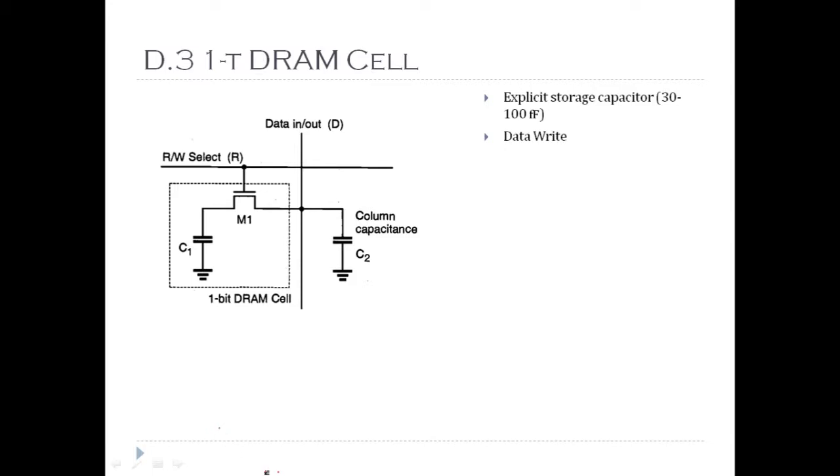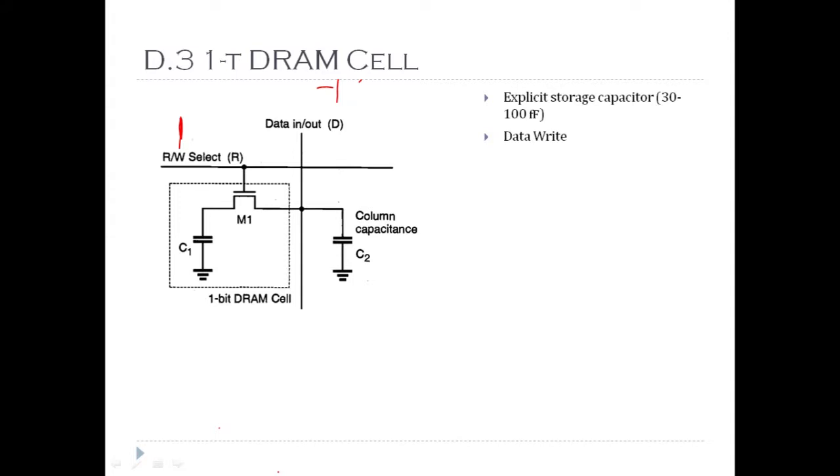The data write operation is very straightforward. The cell is selected by activating this row select signal, and then data input carries the data. Let's say we want to write 1.